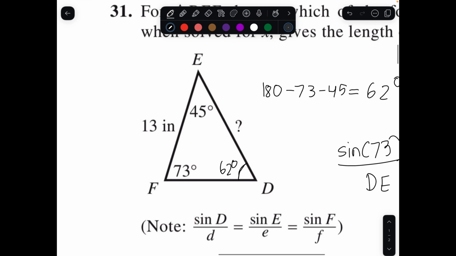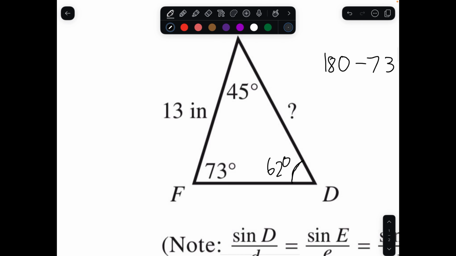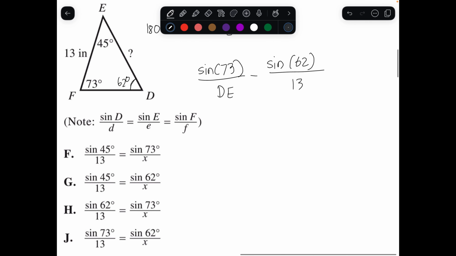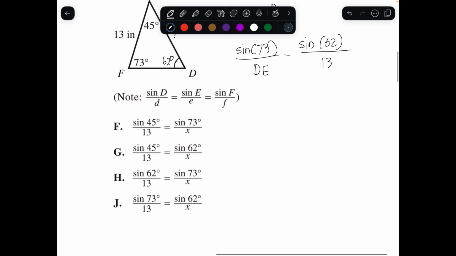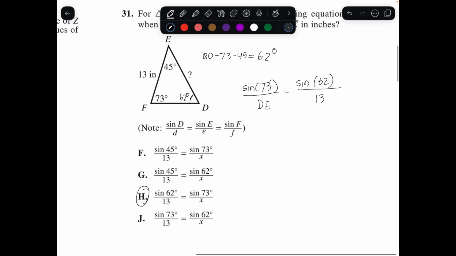Notice we didn't use the side opposite from angle 45 because we don't know what that is, and we don't want two missing unknowns in an equation. And let's just look for this answer choice. And this matches H. So that's how you do question 31.